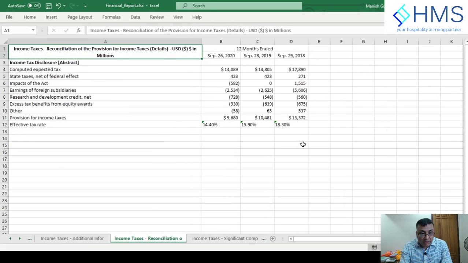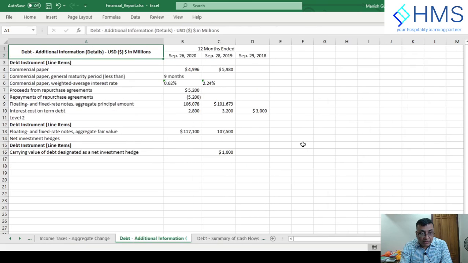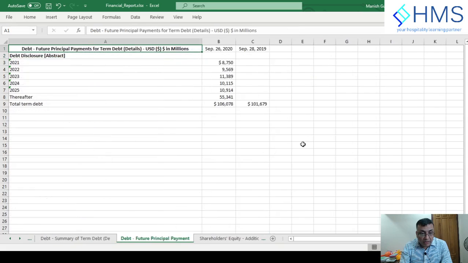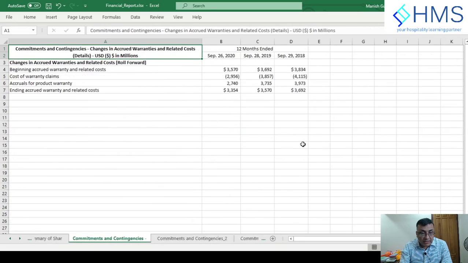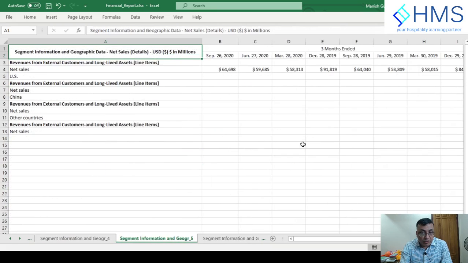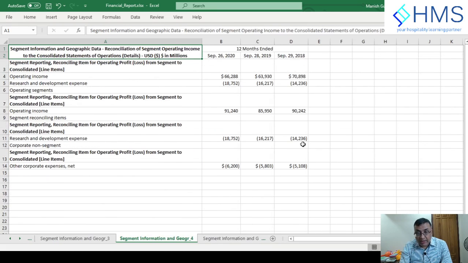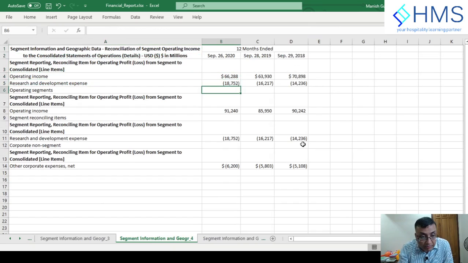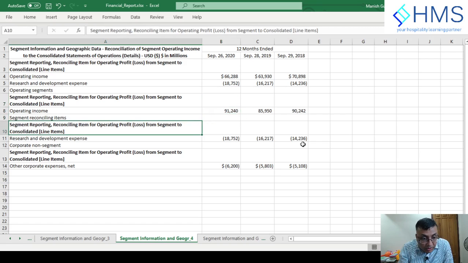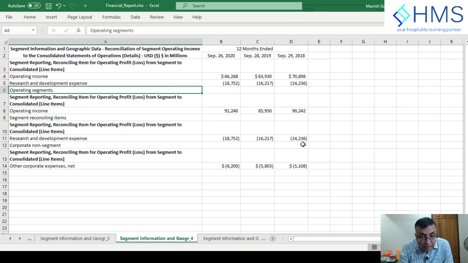Dividend, income tax, interest, deferred tax, reconciliation, debt, share repurchase, changes, segment. So here is the segment information about the company: operating income, research and development expenses, operating income to the consolidated line items.